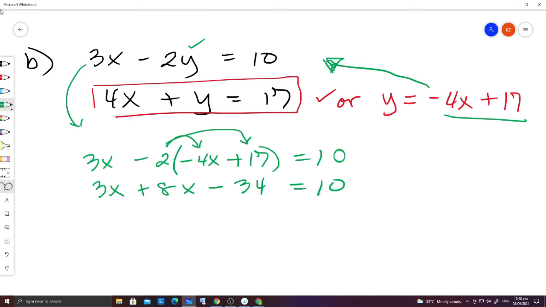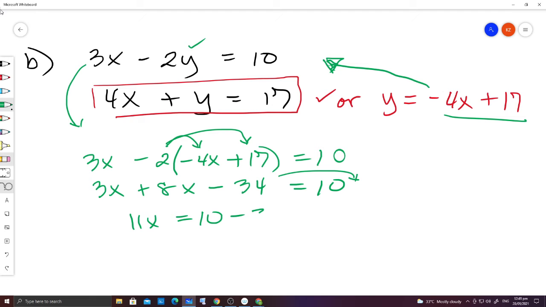Next, Yatika. 11x minus 34 equals 10. Let's say we move negative 34 to the other side already.